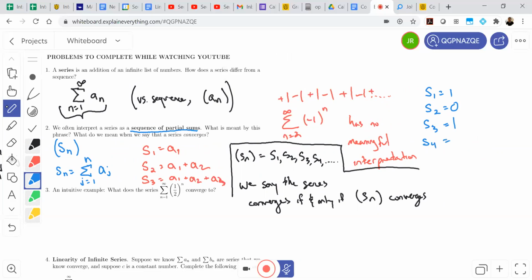S sub 4 would be +1 -1 +1 -1. And this pattern just repeats forever, right? So this sequence of partial sums bounces back and forth between 1 and 0. And then what we see here is that this sequence of partial sums does not converge.